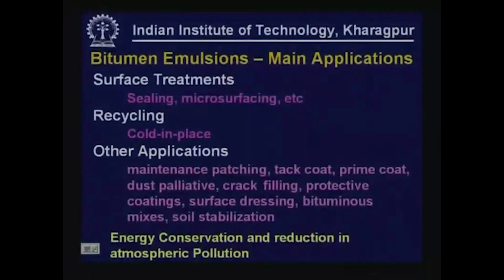So, as we indicated in the previous lesson, cutbacks were useful, but because of the problem related to environmental aspects and also problem with safety concern, cutback is not normally used, but in its place emulsions are used. But besides replacing cutbacks, emulsions can be used for various other purposes also.